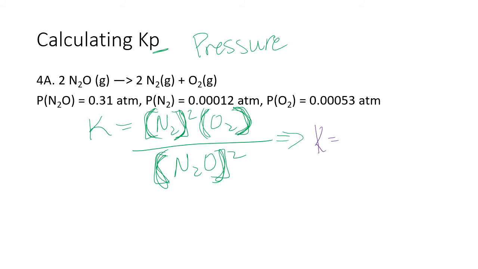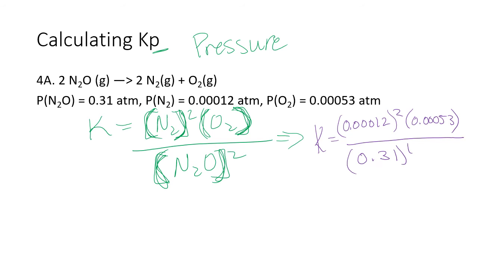So K is equal to 0.00012 squared times 0.00053 all over 0.31 squared.